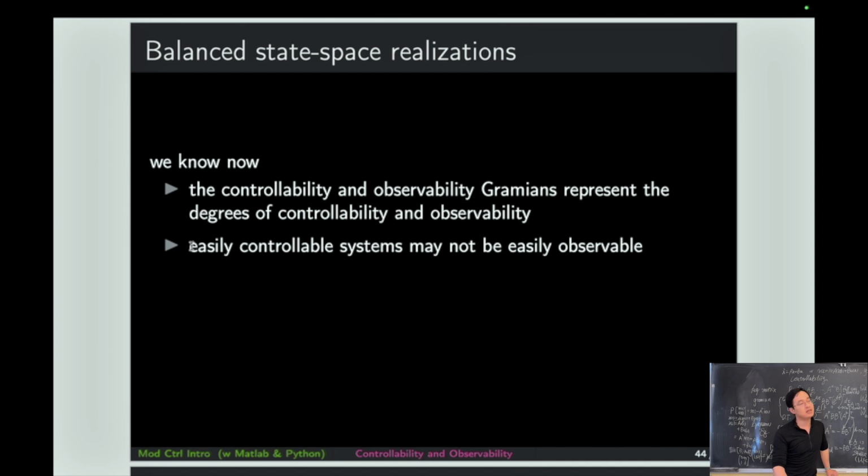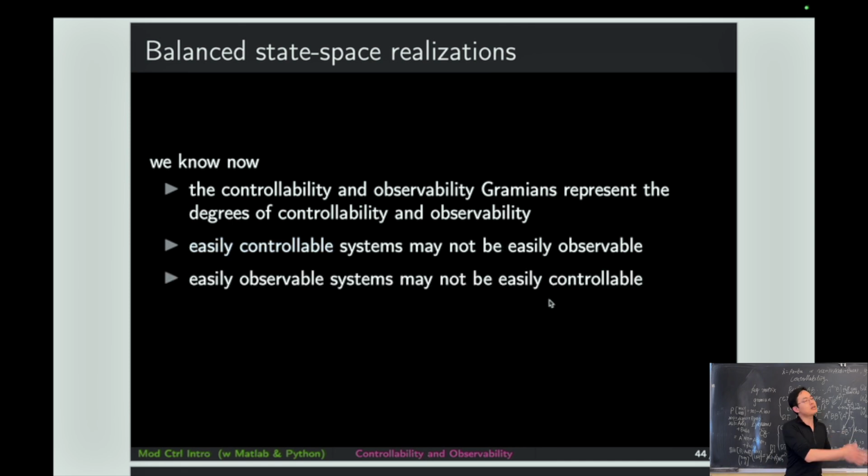It can be easily controllable but not easily observable. And it can also be easily observable, but not easy to control. Because right now, the two discussions have been separate, decoupled. The two Gramians haven't been connected together.